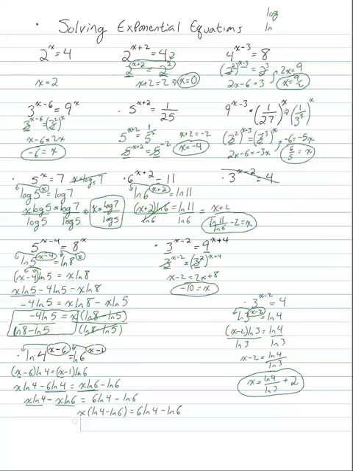And I'm going to divide by that parentheses, natural log of 4 minus natural log of 6. On the left side it is going to cancel. So I'm just going to get x to equal 6 natural log of 4 minus natural log of 6 over natural log of 4 minus natural log of 6. Again, I can't cancel because I'm adding or subtracting things. Don't try to simplify these, just keep it like that.